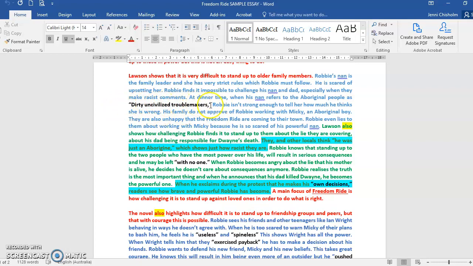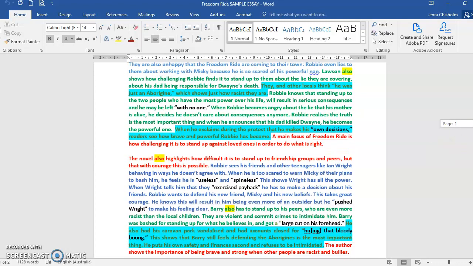Okay, so that quote there has been made part of a sentence. All right, so that's what we want you to aim for when you're putting quotes in, is to try to put them into a sentence so that you can't really tell where the quote starts or finishes, because it all flows as a sentence.